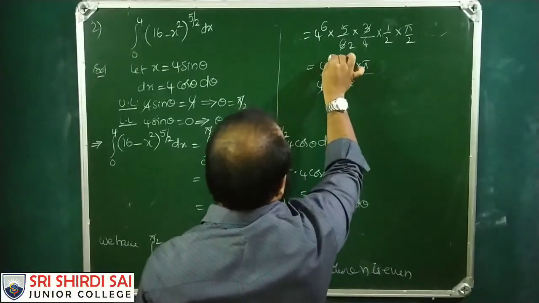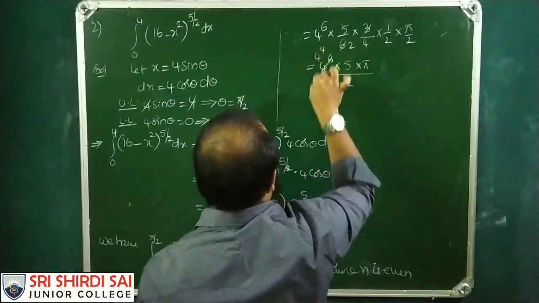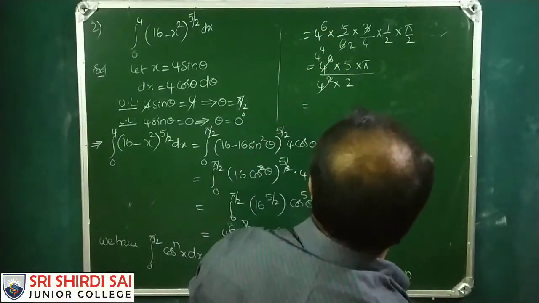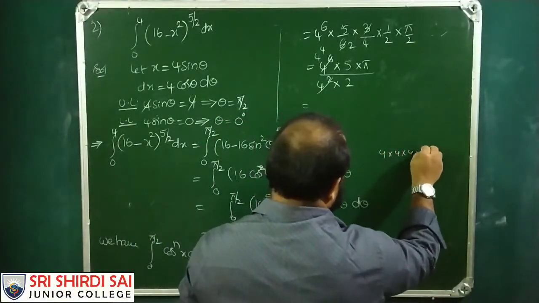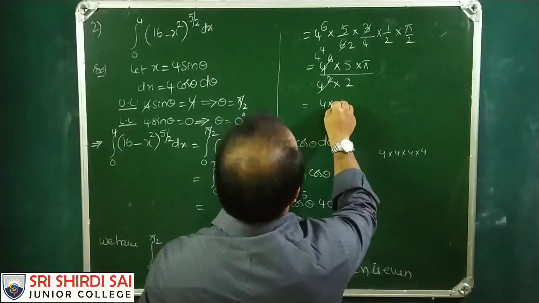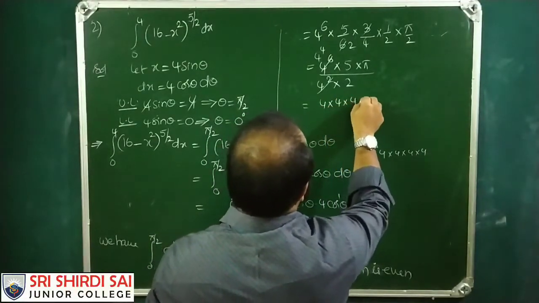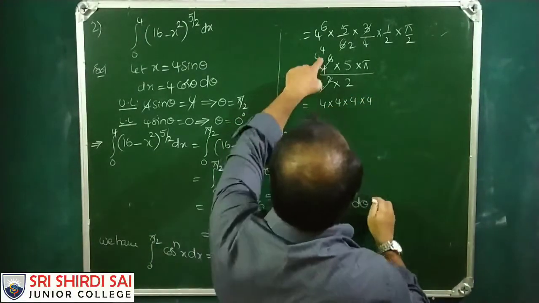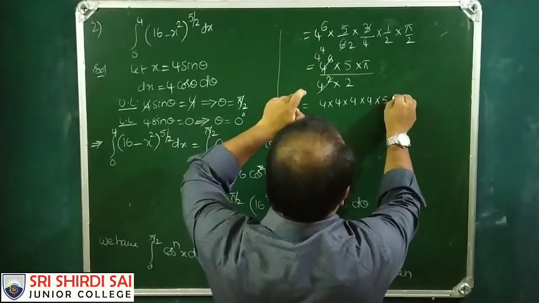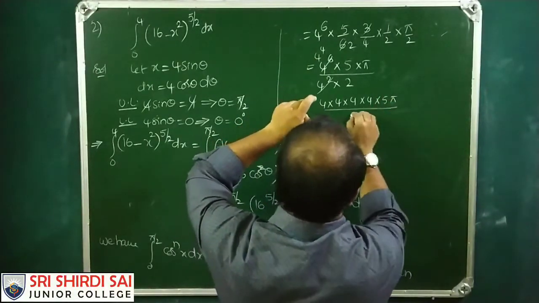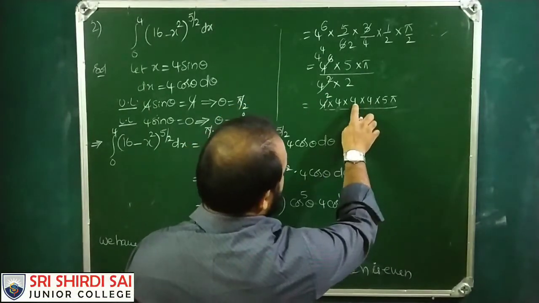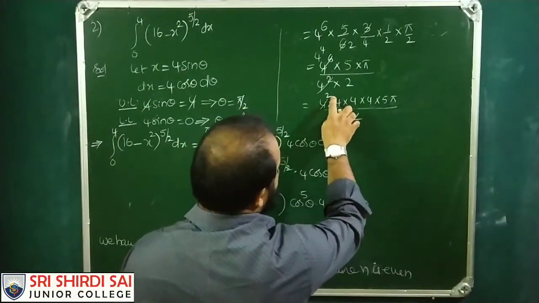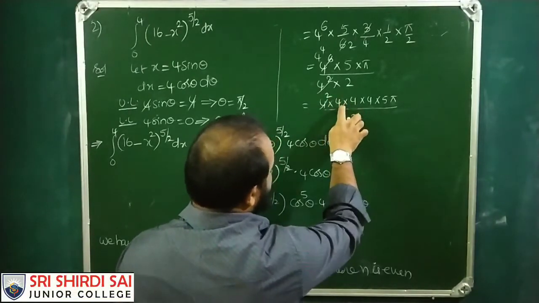So 4 square, 4 power 6, 4 power 4 times. So 4 into 4 into 4 into 4 into 5 into pi by 2. So 2 times 2 is 4, 2 4s are 8, 2 8s are 16, 2 16s are 32.